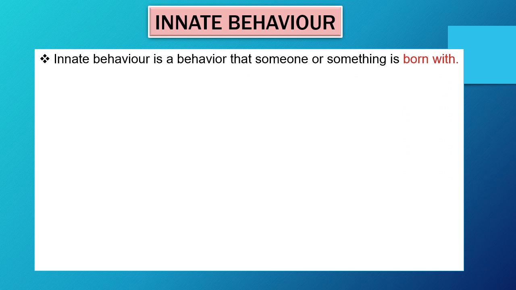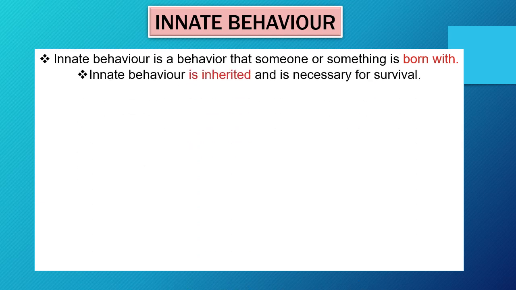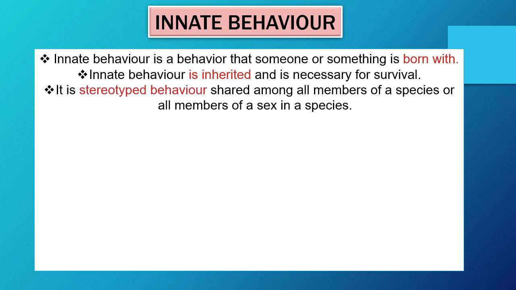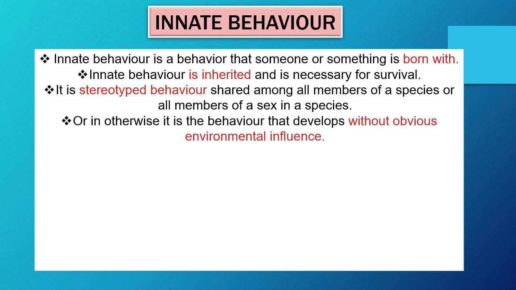Innate behavior is a behavior that someone or something is born with. Innate behavior is inherited and is necessary for survival. It is stereotyped behavior shared among all members of a species or all members of a sex in a species. Or in other words, it is the behavior that develops without obvious environmental influence.